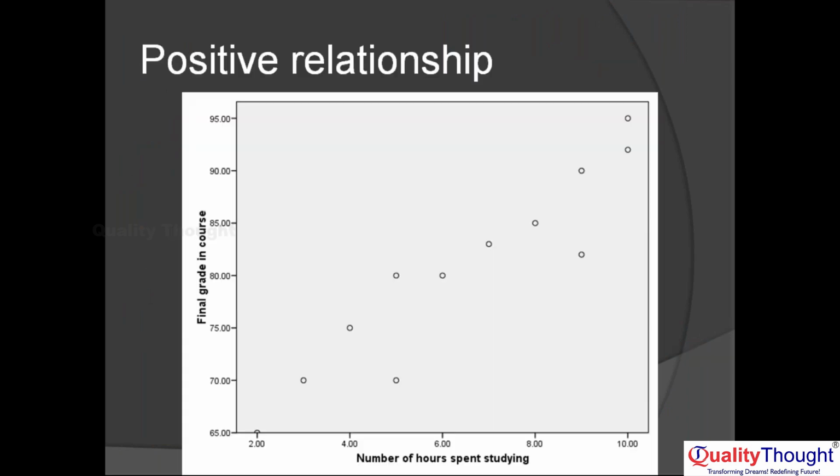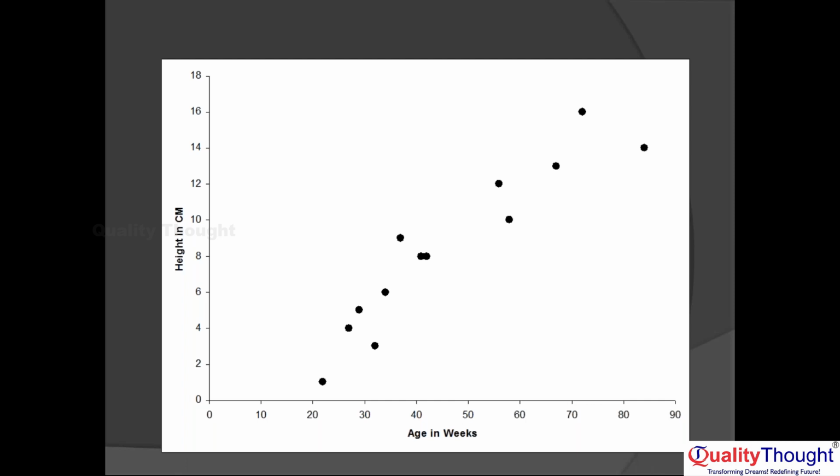So if you take a look at this one, number of hours spent studying by the student and final grade in the course. How is this looking? Is this in the positive coordinates or not? It's in the positive coordinates. Let us take a look at this one: age in weeks and height in centimeters. Positive or negative?